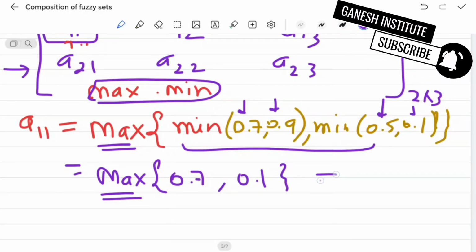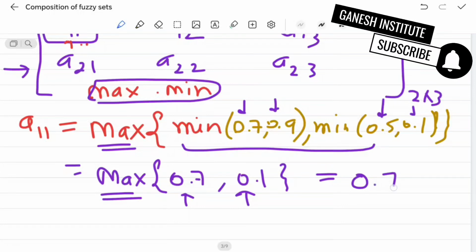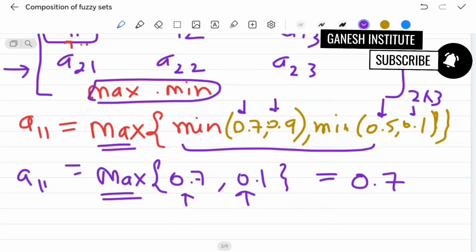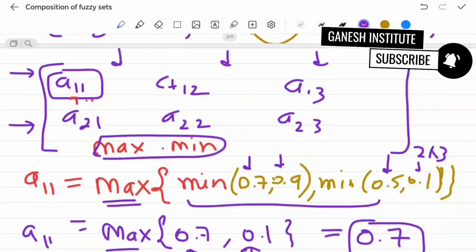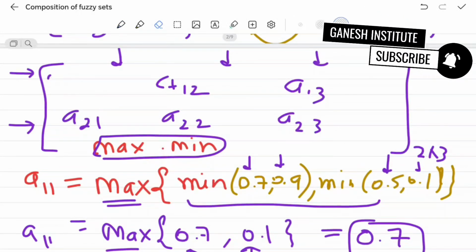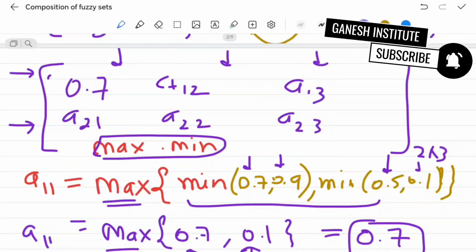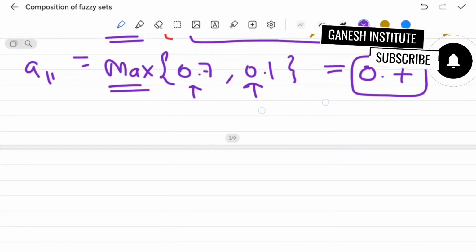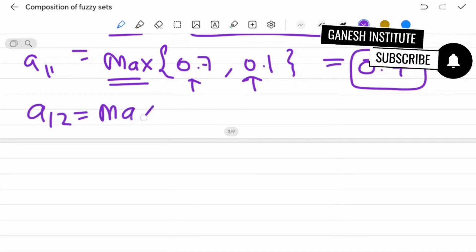Maximum. The maximum of these two is 0.7. So our first element is 0.7. Correct? So we will write it here, 0.7.